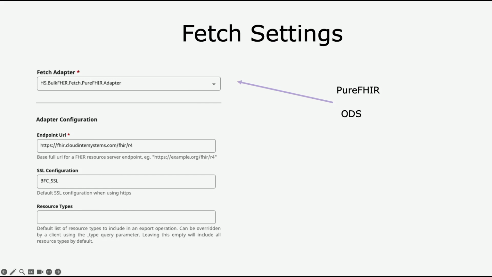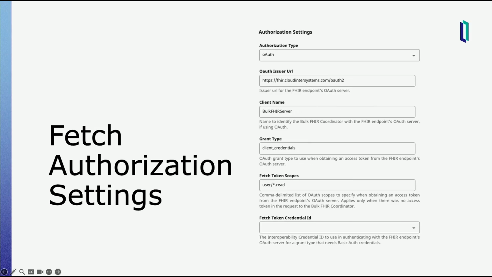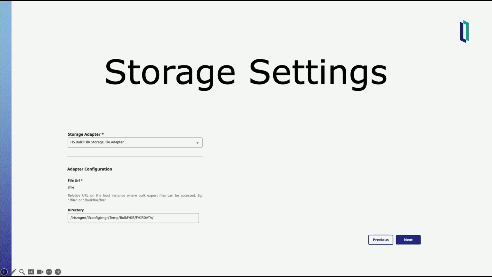Pure FHIR, like I explained, is for FHIR servers that don't have a bulk FHIR endpoint, and we also support getting bulk FHIR data from the ODS. And you could configure the fetch settings to determine how fast you pull those resources from the other server, depending on what it supports. And also the fetch authorization settings.